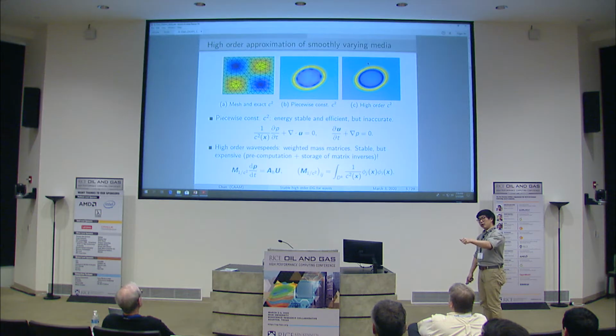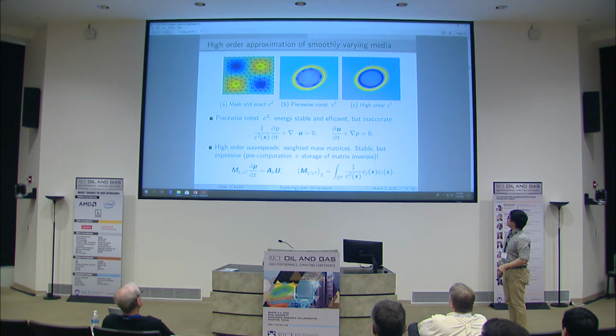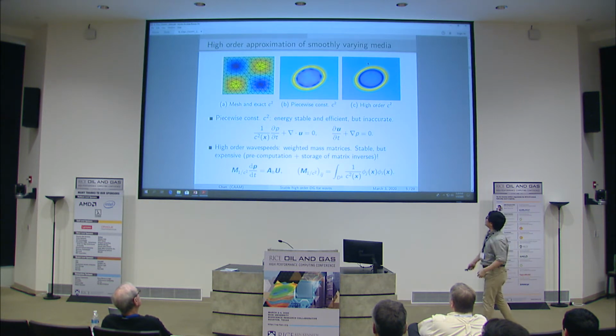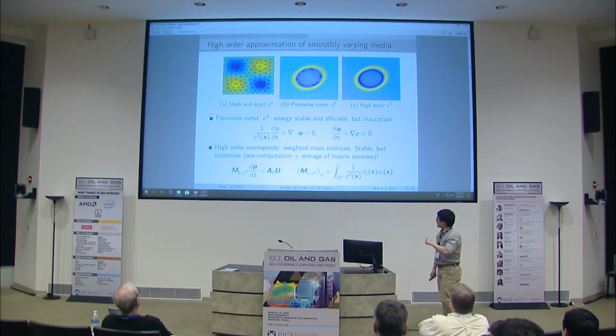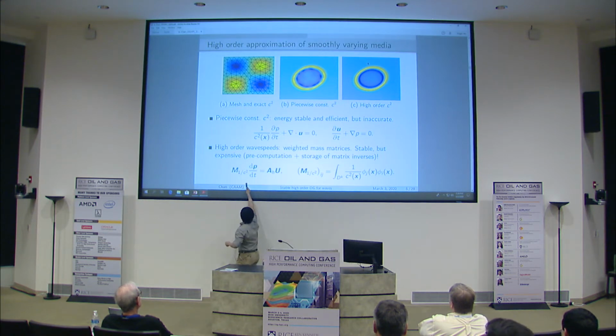So digging into the mathematical finite element literature, it's not too hard to find that if you instead approximate the wave speed on each element using a high order polynomial, something that varies smoothly, then you get this beautiful solution which accounts for the differences in wave speeds and is energy stable, but unfortunately is really inefficient to compute with. This basically boils down to the fact that if I'm solving a system of ODEs, then a traditional finite element method requires you to invert a mass matrix at every single time step.